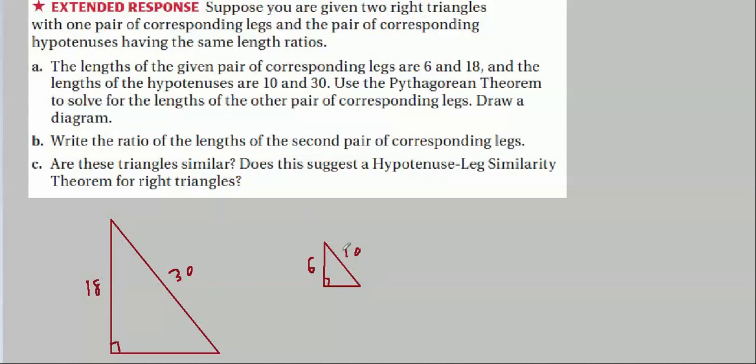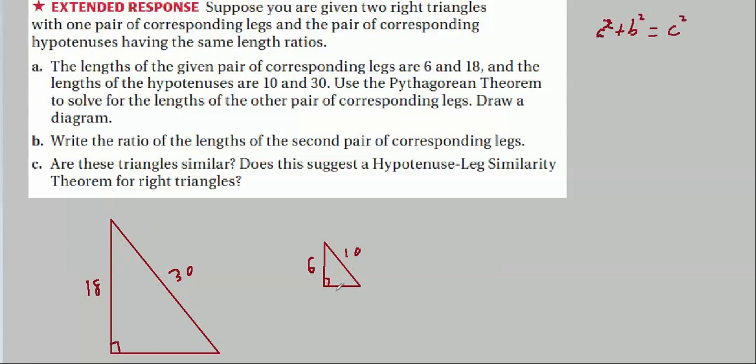So remember Pythagoras' theorem, if we have legs a, b, and hypotenuse c, would be written as a squared plus b squared equals c squared. But we want the leg.